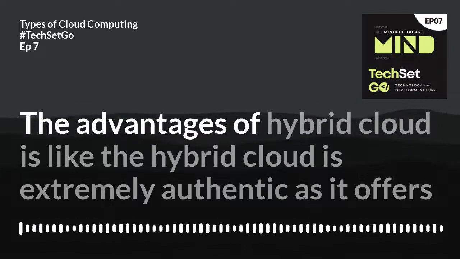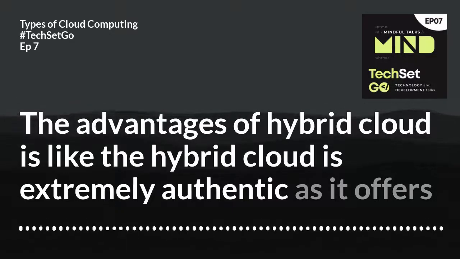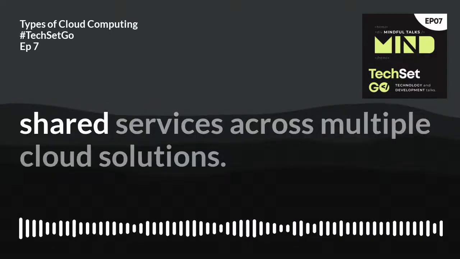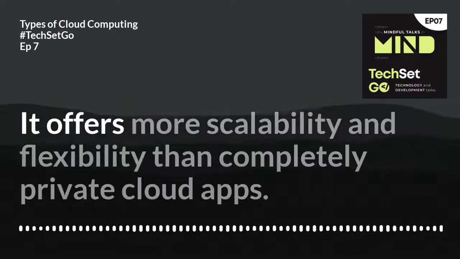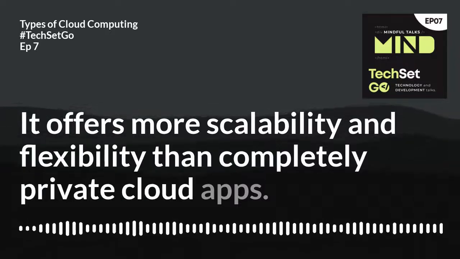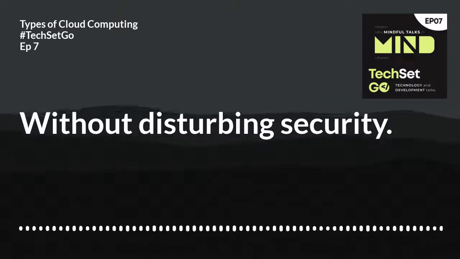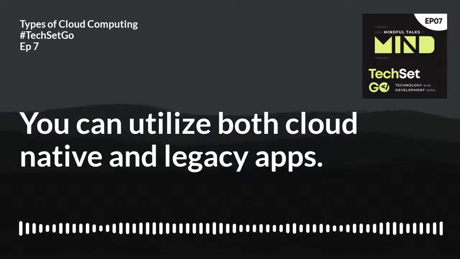The advantages of hybrid cloud: it is extremely reliable as it offers shared services across multiple cloud solutions. It offers more scalability and flexibility than completely private cloud apps without disturbing security. You can utilize both cloud native and legacy apps.